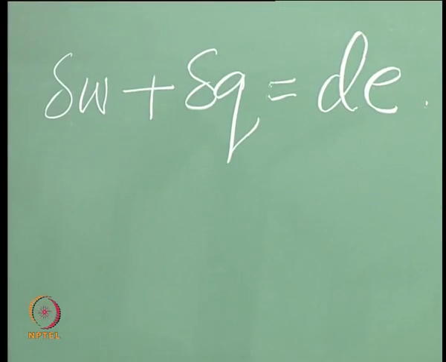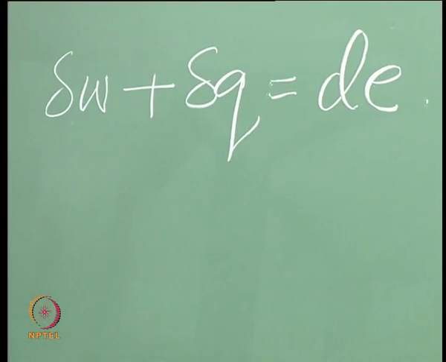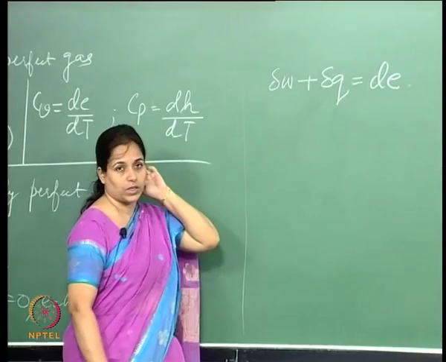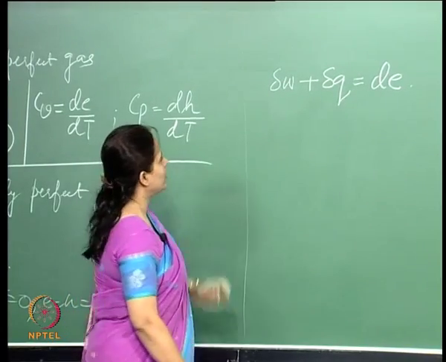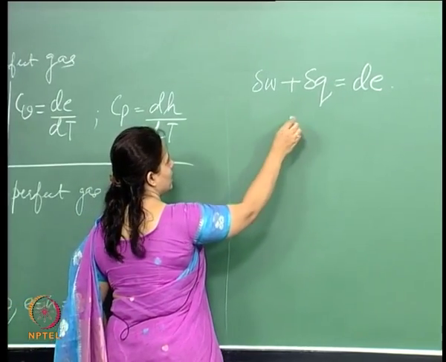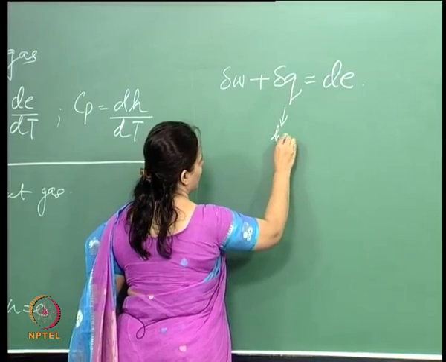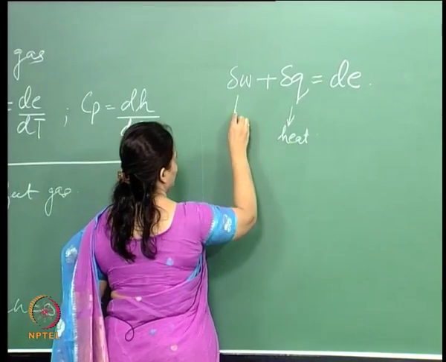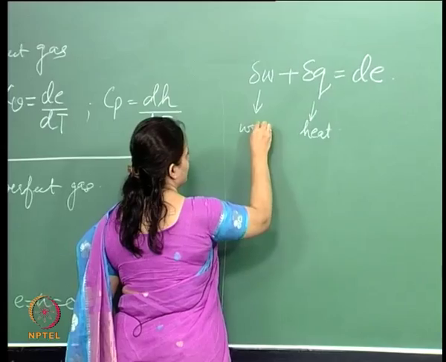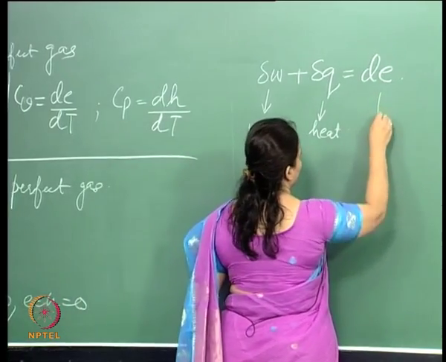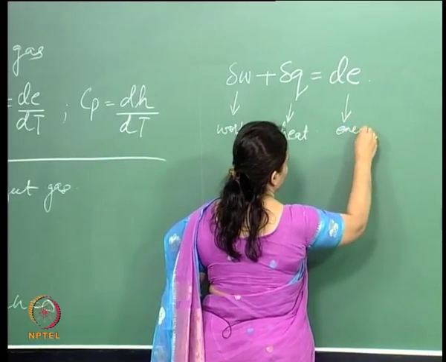Let us look at each term separately. This dq is a quantity of heat, this is a quantity of work done, and this is a quantity of energy.